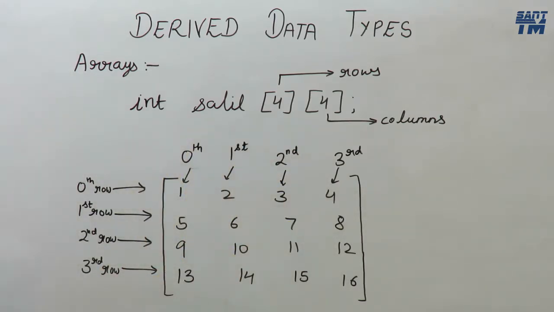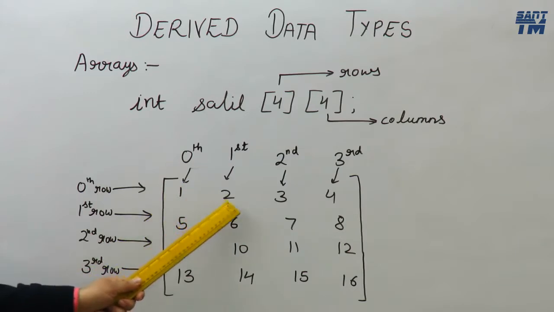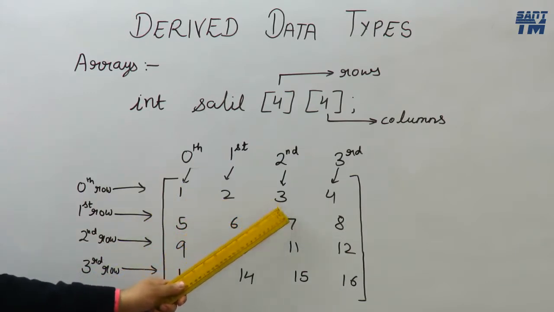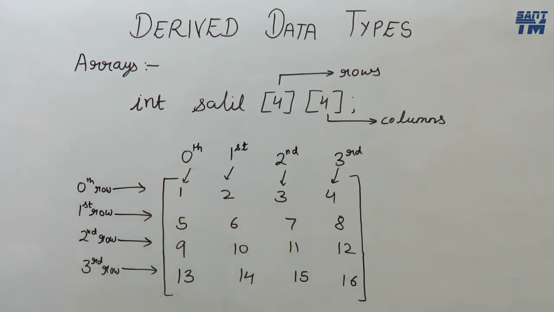So the data is arranged in a multidimensional array as in a matrix. So 1 is the first element of this array, 2 is the second element, 3 is the third element, and so on. 16 is the 16th element. This is how the data is stored in the form of rows and columns in a multidimensional array.